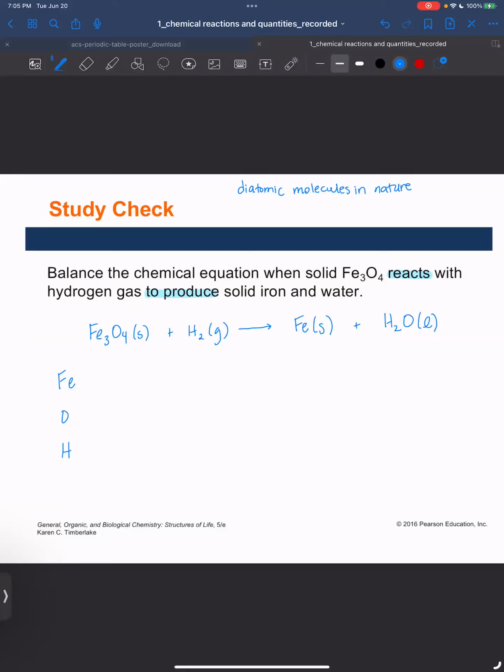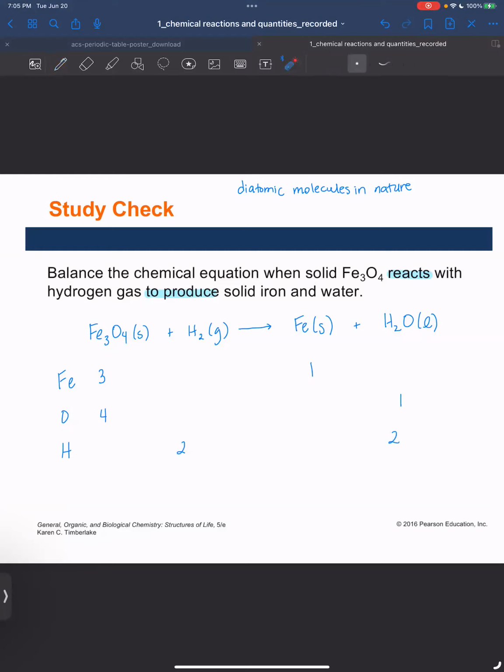So the first thing I like to do is just count the atoms on the left and right. And I see that I have 3 irons on the left, only 1 iron on the right. Oxygens, it looks like I have 4 on the left and only 1 on the right. Hydrogens, I have 2 and 2.